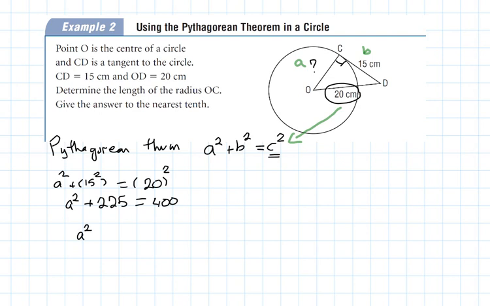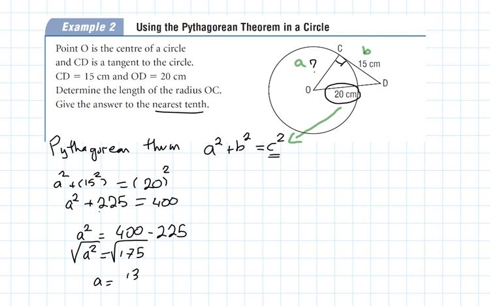A squared: now 225, we subtract it from both sides, we end up with 400 minus 225. And A squared, this is where a lot of people make mistakes. A squared equals 175, but we don't want A squared, right? We want A, the length. So we need to take the square root of both sides. So A equals the square root of 175. That would be 13.228, and here they want the nearest tenth, so that would be 13.2.